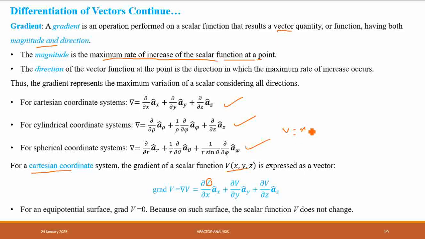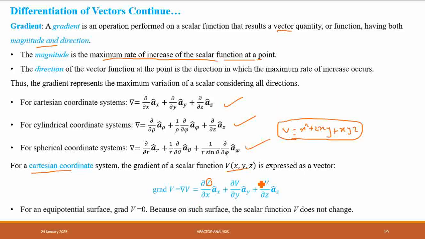Suppose x square plus 2xy plus xyz is a scalar quantity given as a function of x, y, z. Now, if you want to find the gradient of v, then this is the process, where a cap x, a cap y, and a cap z show the direction, and the magnitude you can find.